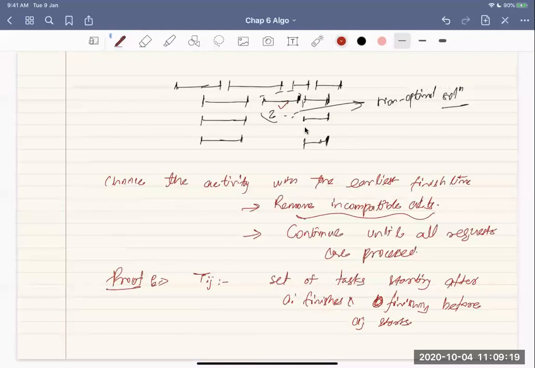Okay. And now let Am be an activity in Tij that has the earliest finish time.